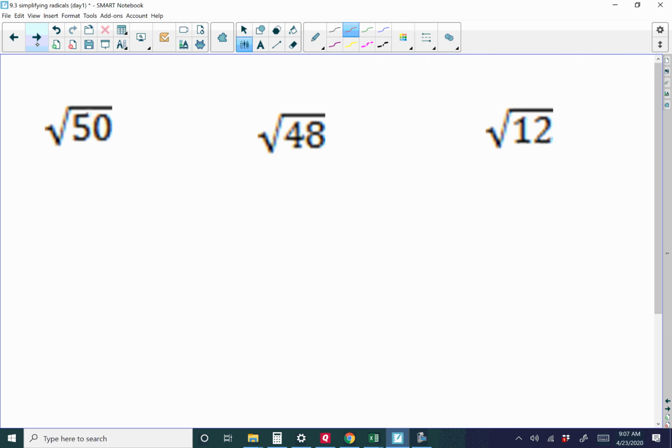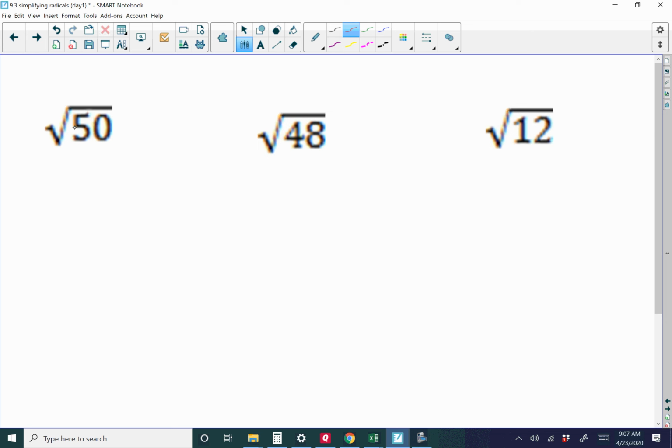All right, so what does that mean for us? If I want to simplify a square root, and I have, say, the square root of 25, I'm sorry, not square root of 25, square root of 50. What I want to do is look at that number 50 and ask myself, are there any factors that are perfect squares?